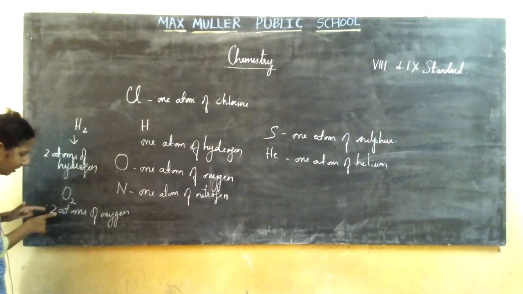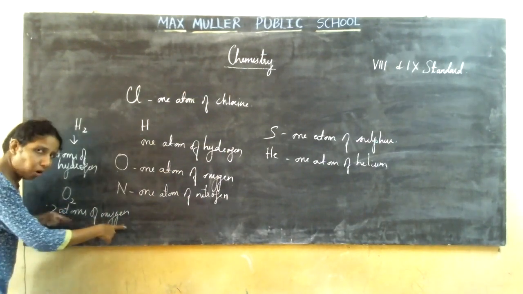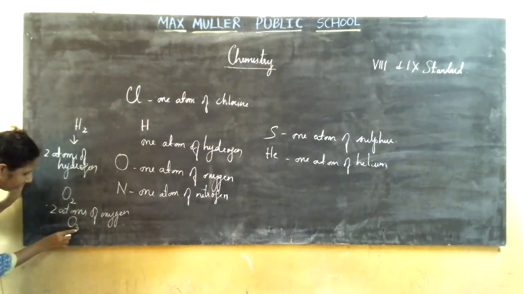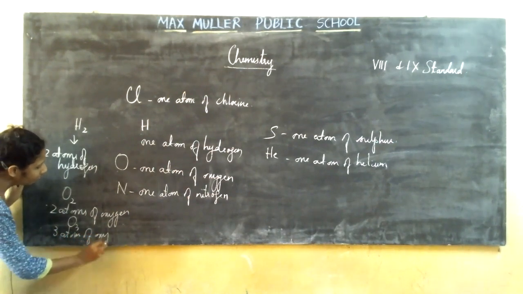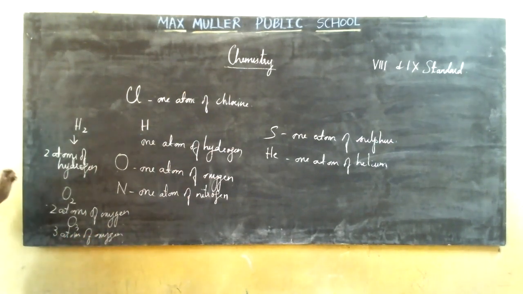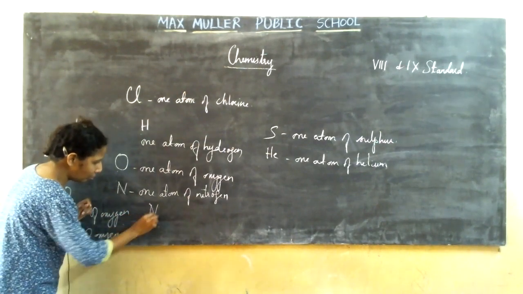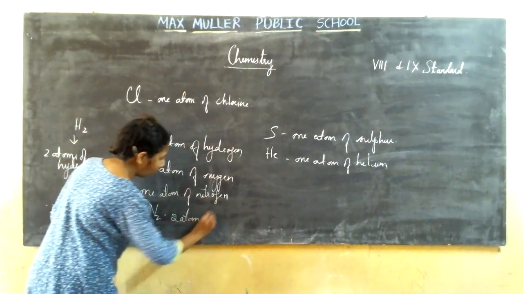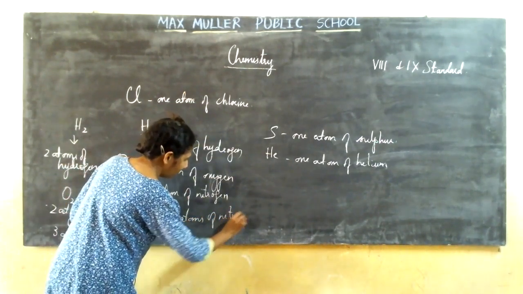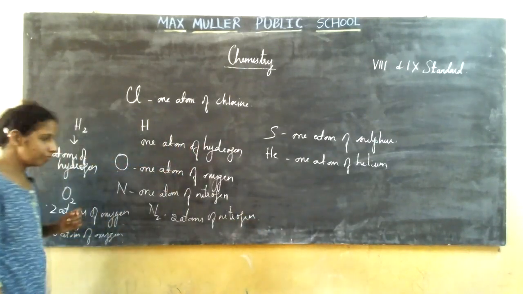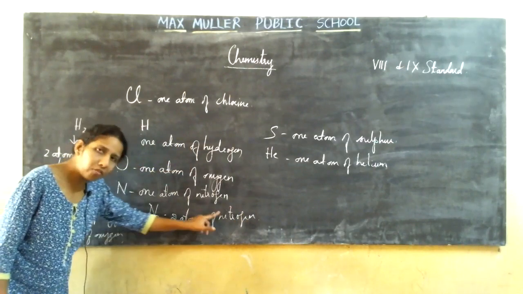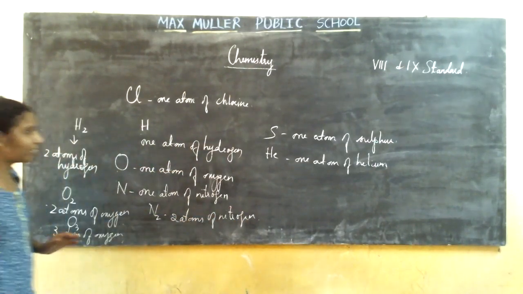O2 represents two atoms of oxygen. Similarly, if I write O3, it represents three atoms of oxygen. Okay, N2, if I write, it represents two atoms of nitrogen. Did you people understand this?